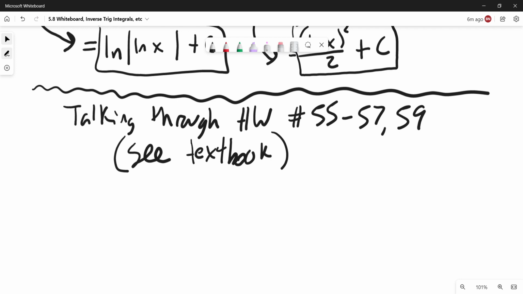So e to the blop, the antiderivative of e to the blop, still e to the blop. So we got our 1/2 from the outside times our antiderivative e to the blop. Plug in the blop, it's x squared. So 1/2 e to the x squared plus c. Sounds good? Okay, c.